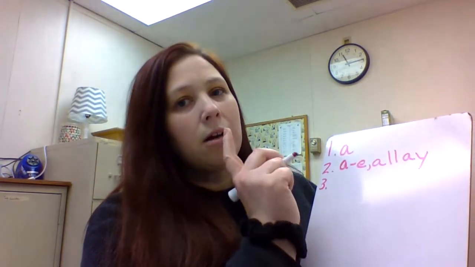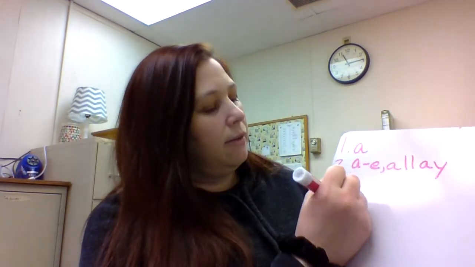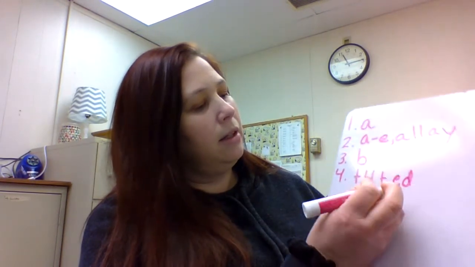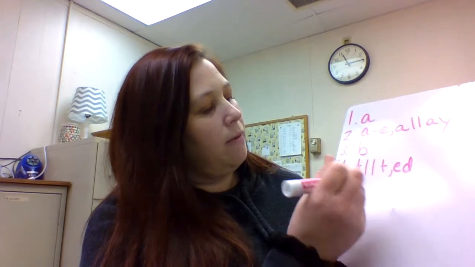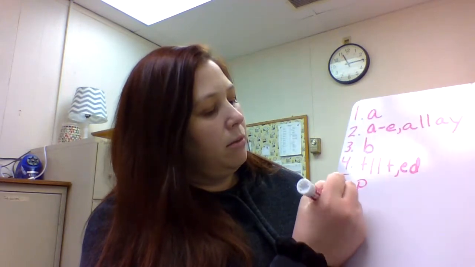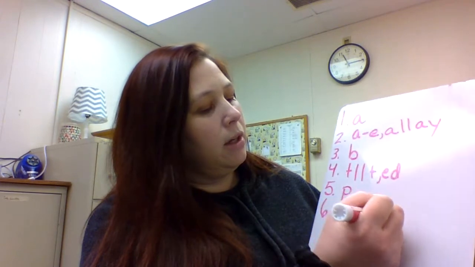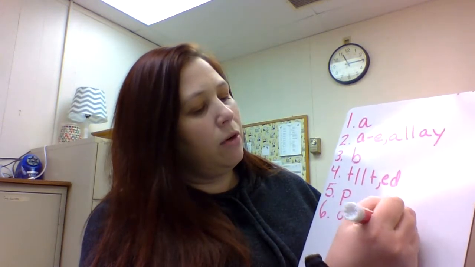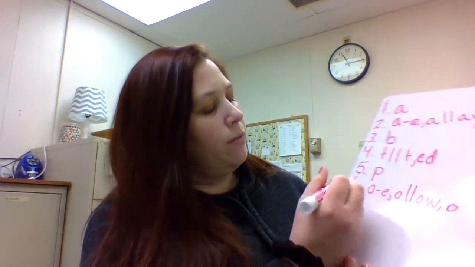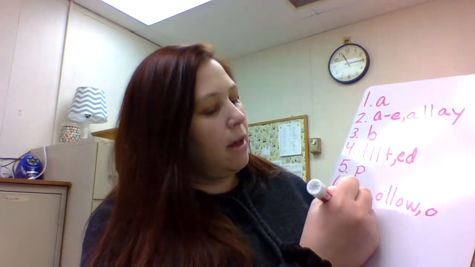Number 3, B. Number 4, it's T, or as a final sound T, comma, E D. Number 5, we have P, that's P. Number 6, we have O, that's O, consonant E, comma, O, final sound O W, comma, O. Number 7, we have that's M.